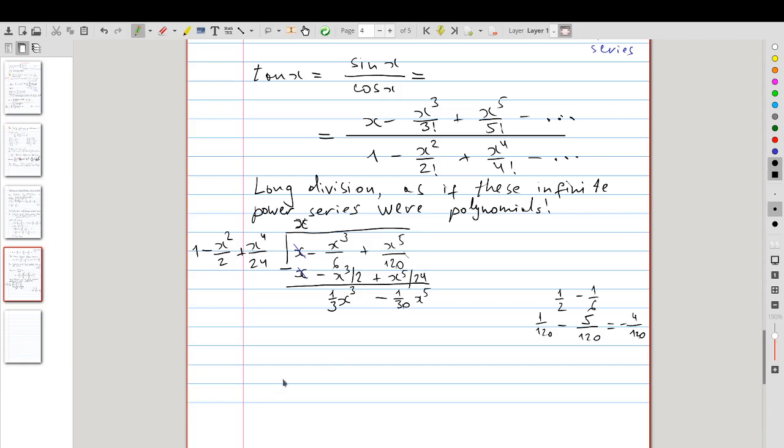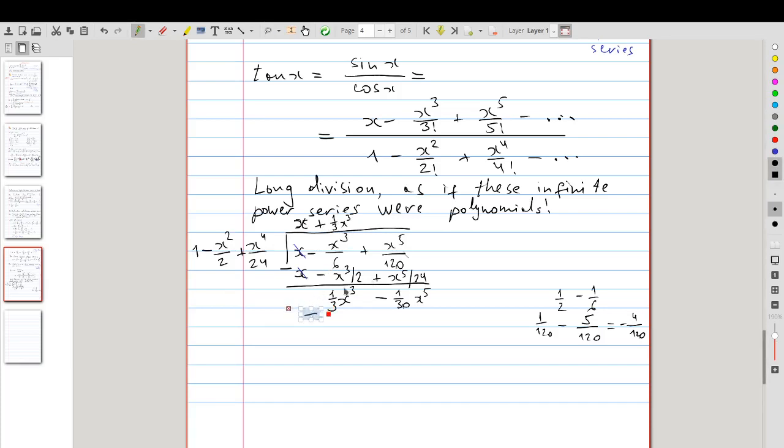Okay, now this remainder must be divided by the divisor here. So I have to divide 1/3 x cubed by 1. That gives me plus 1/3 x cubed. And then I'm subtracting 1/3 x cubed times the divisor. So let's see.